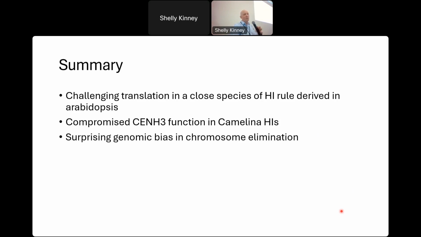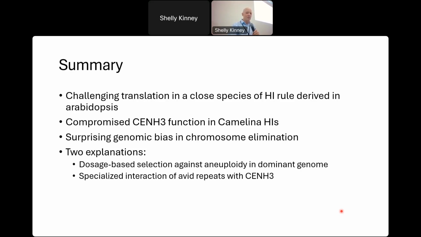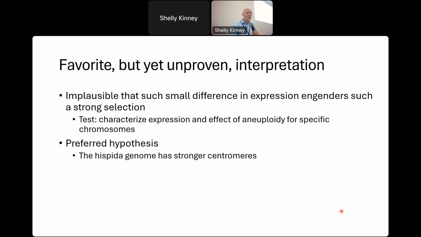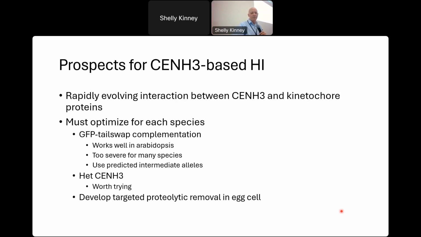We're trying different ways, by the way, to get a perfect haploid inducer, so we're not yet throwing our hat or calling ourselves out of the fight. But we're happy that we found this surprising genomic bias because it allows us to test interesting hypotheses. I told you about the two explanations, and we think that the Hispida may have, in fact, stronger centromeres.